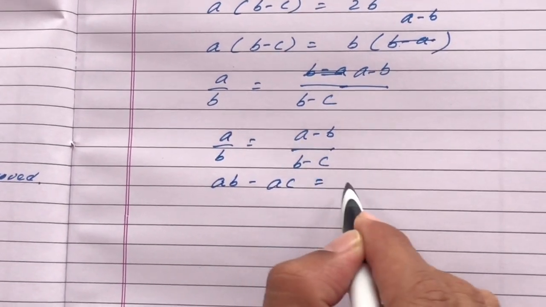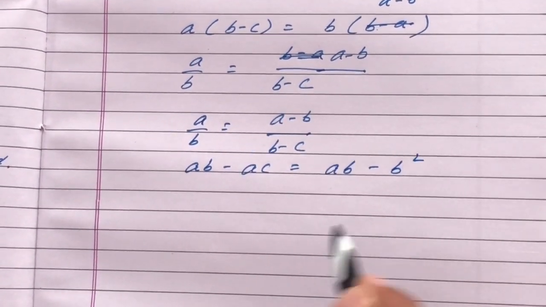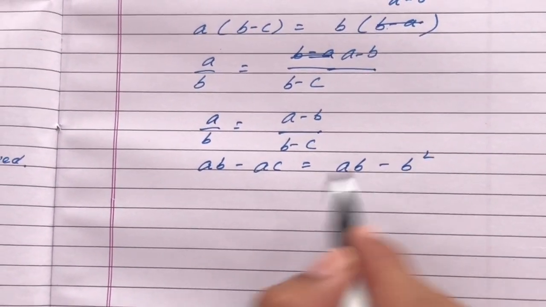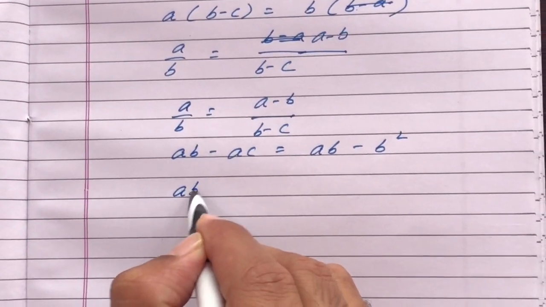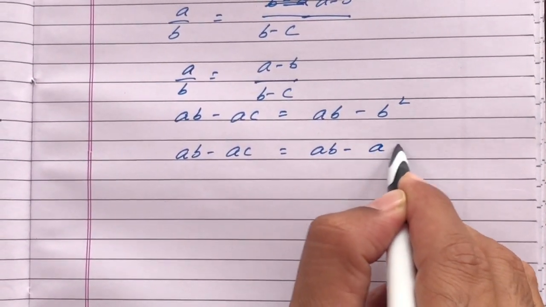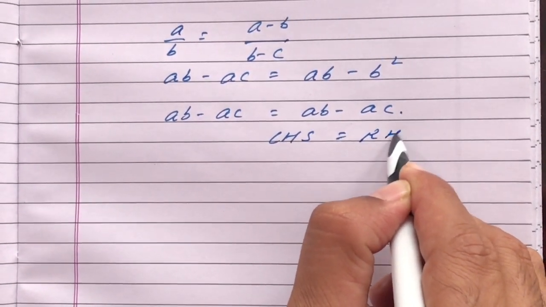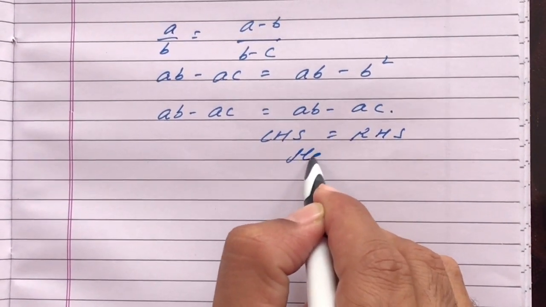AB minus AC is equal to AB minus B square. Now B square is equal to AC. So AB minus AC is equal to AB minus AC. So LHS is equal to RHS as proved.